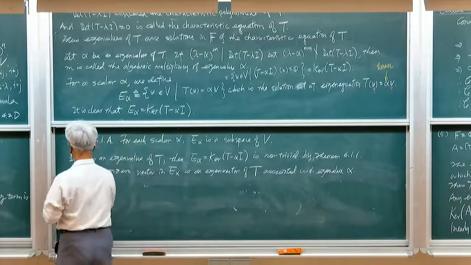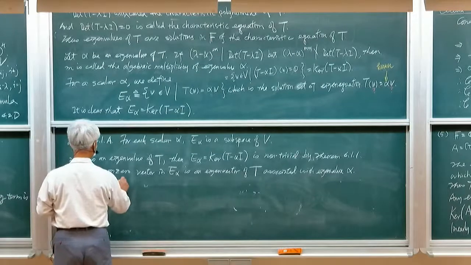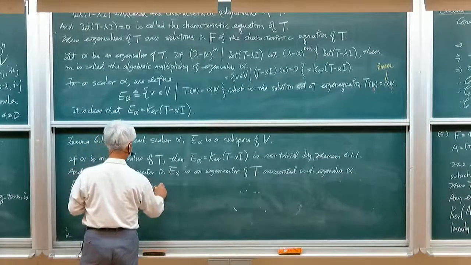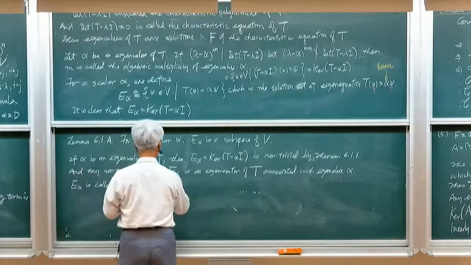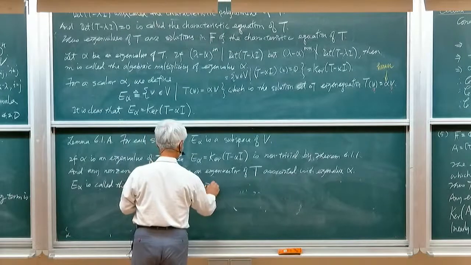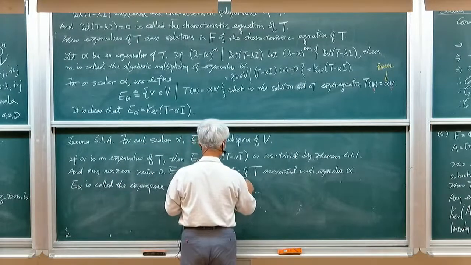For this reason, E alpha is called the eigenspace of T associated with eigenvalue alpha.